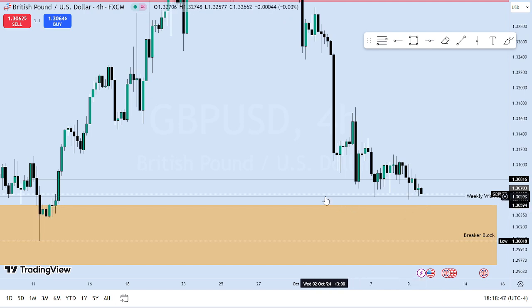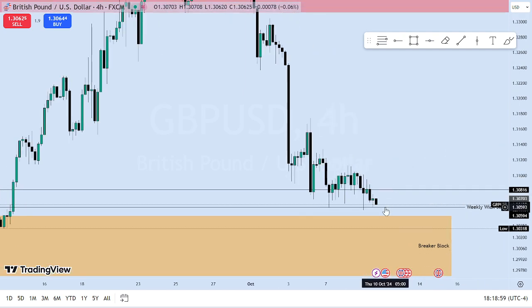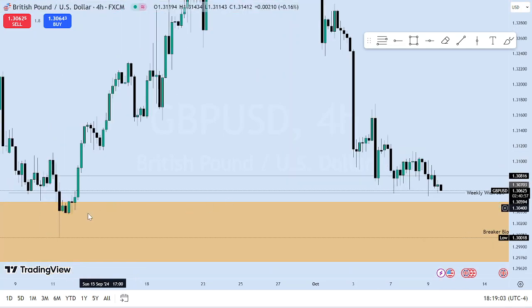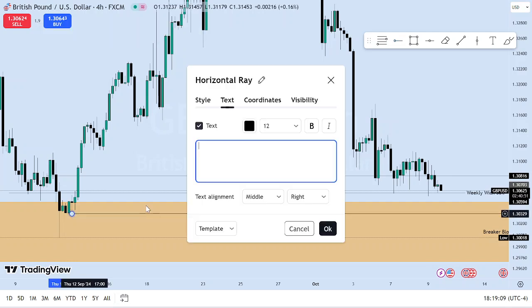Then same place with the daily order block, mean threshold. Yeah, same position. We have a fair value gap here. And also we have a low here. That's SSL liquidity, which price is seeking to come and take.